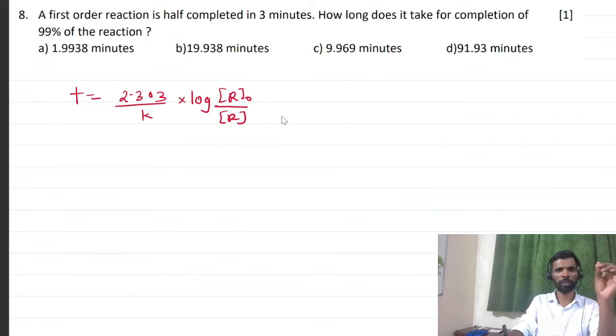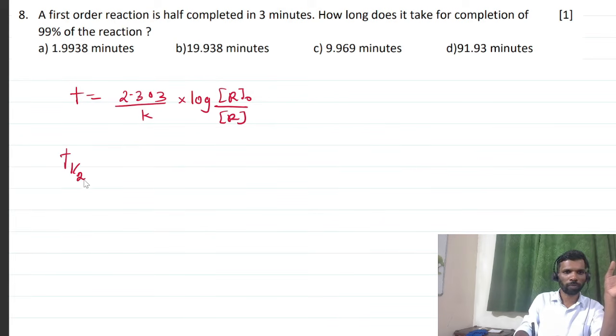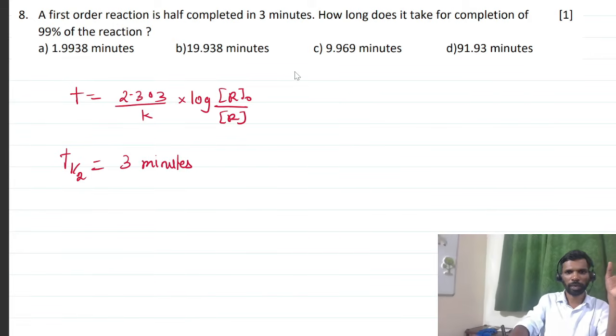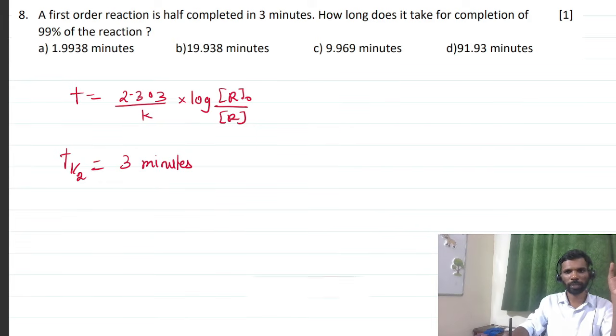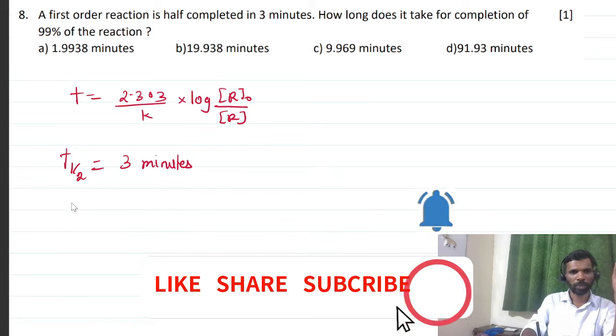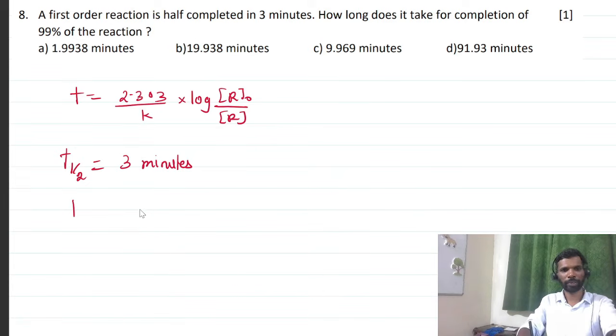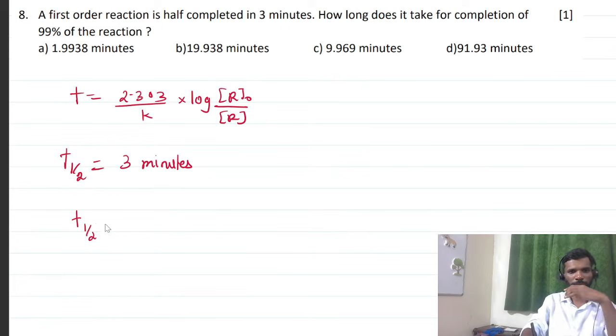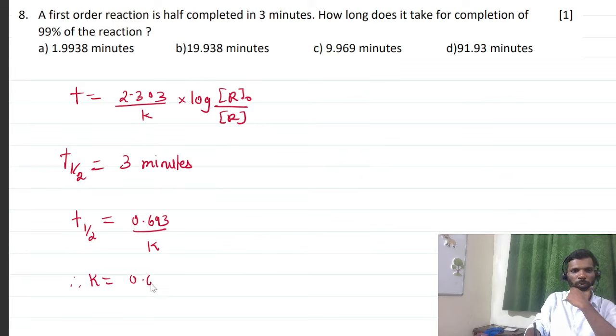The first order reaction has a half-life of 3 minutes. So for this, T half is equal to 3 minutes. From this data, we can easily find K. We know that T half is equal to 0.693 upon K. Therefore, K is equal to 0.693 upon T half.